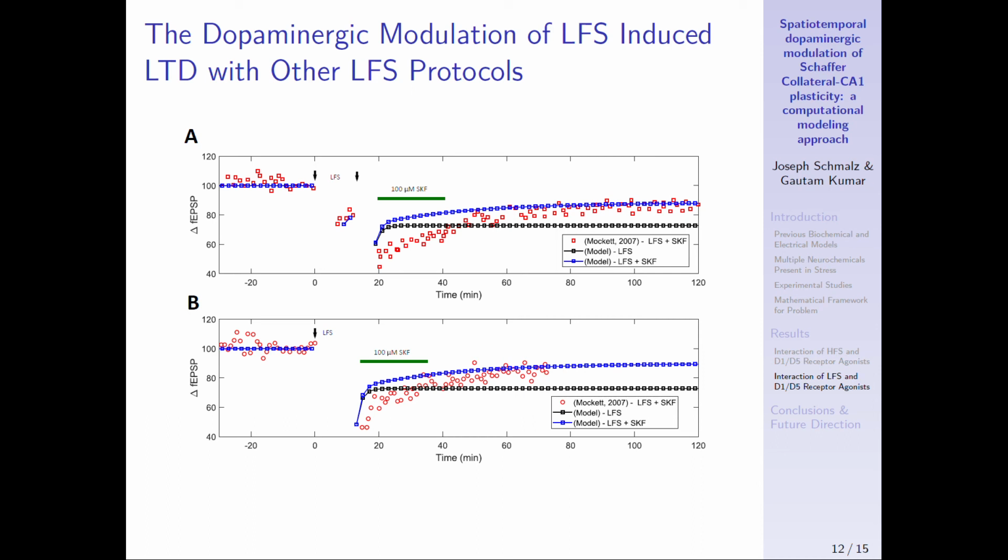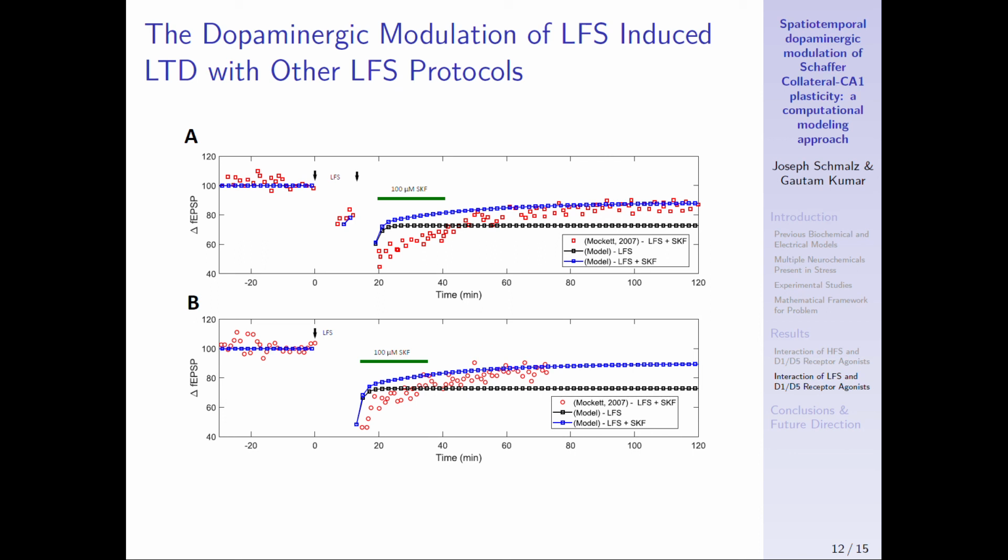Then, after the second low-frequency stimulation protocol, the dopaminergic agonist SKF is applied for 20 minutes, which produces approximately a 15% potentiation over the pure low-frequency stimulation case. Our model captures the final synaptic strength measured in the experimental data, shown as the red circles, fairly well, but slightly overpredicts the initial transient synaptic strength change right after the low-frequency stimulation protocol.